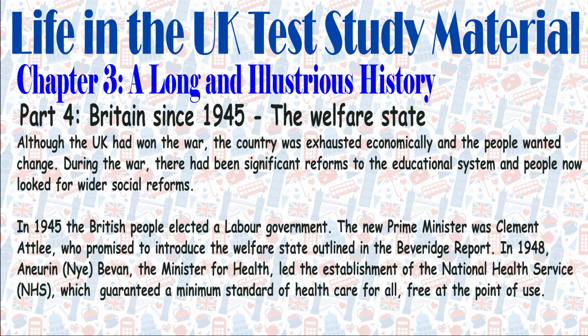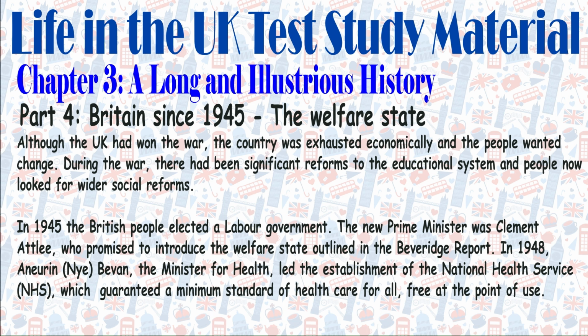The welfare state. Although the UK had won the war, the country was exhausted economically and the people wanted change. During the war, there had been significant reforms to the educational system and people now looked for wider social reforms. In 1945 the British people elected a Labour government. The new Prime Minister was Clement Attlee, who promised to introduce the welfare state outlined in the Beveridge Report.